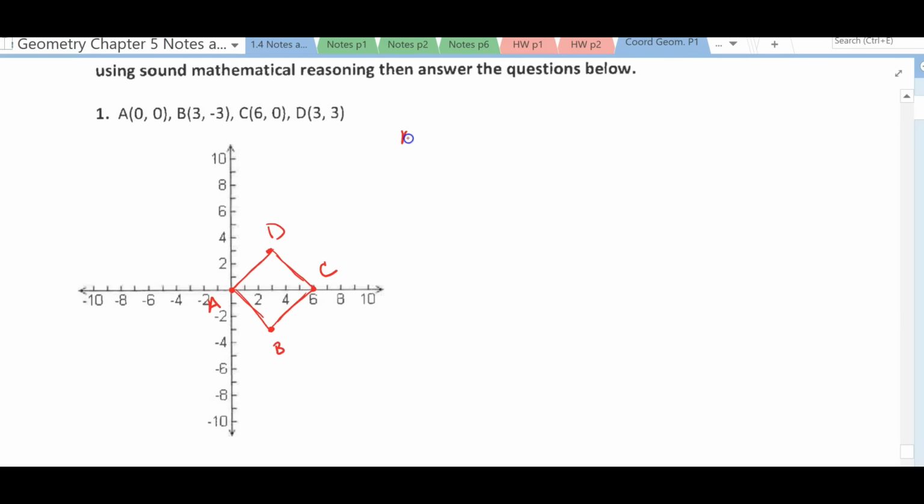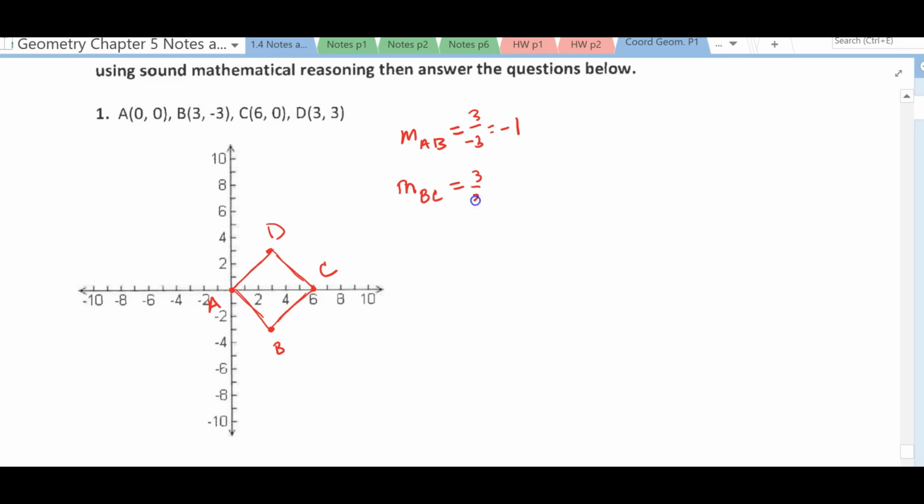So we've got the slope of AB, and I would just recommend using your graph to mark these off. So our rise over our run would be up 3, left 3. So up 3 is plus 3, left 3 is minus 3. So that's negative 1. And then let's just go around the figure there. So we've got the slope of BC. Again, that's up 3, right 3.